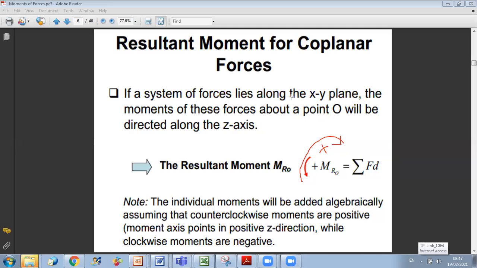Because look, if this is x and this is y, and z is pointing perpendicular, like this, towards you. If you have a clockwise moment like this, try to curl your right hand, your thumb will point towards negative z. So if you put your four fingers like this and you curl them, your thumb will point in the negative z direction.